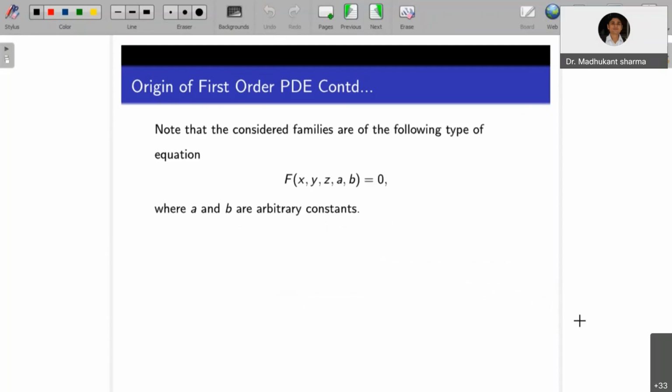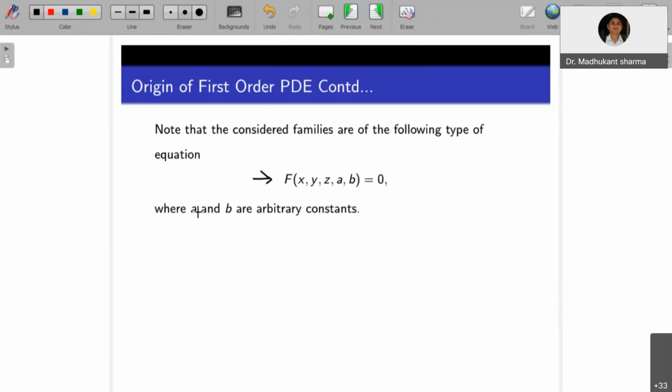Now, note that the considered families are of the following type of functional equations, with two parameters where A and B are arbitrary constants. What is the procedure here? Z is dependent, and X and Y are independent variables.